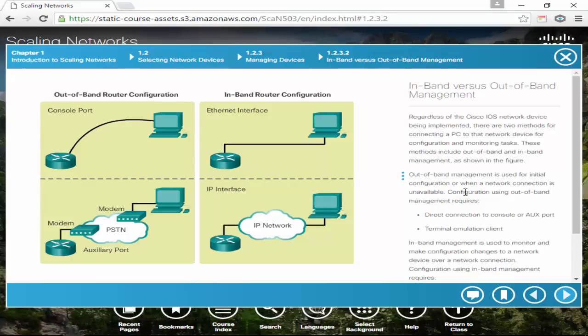Alright. In-band versus out-of-band management. Hopefully you guys remember this because we hit it hard in CCNA3. Out-of-band means you're not in your network. You're not in your IP network, right? And so console port. Why console port? Console goes over serial.